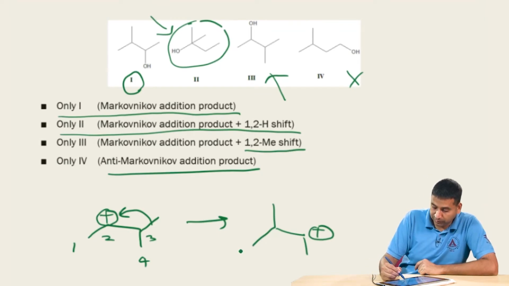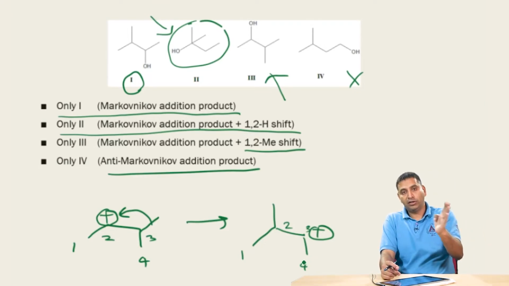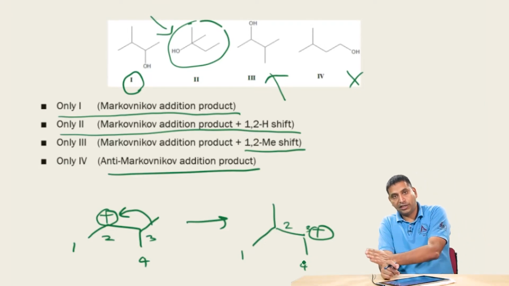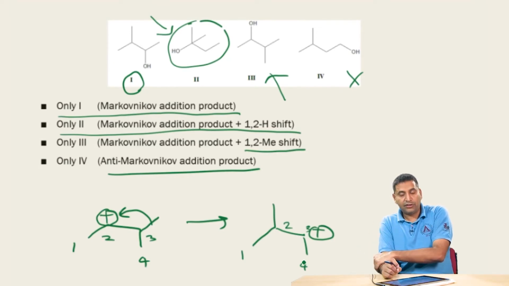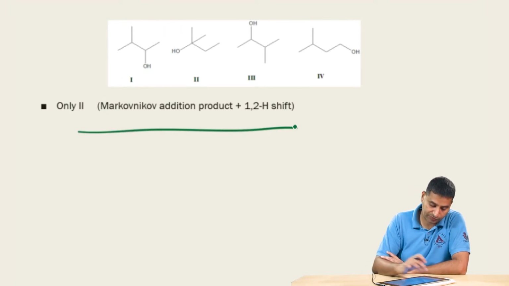Okay. So a secondary carbocation is going to produce another secondary carbocation, which really does not help with increased stability. Therefore, product 3 would be less likely. So the correct answer here would be 2. That is shown here: only the Markovnikov addition product with a 1,2 hydride shift.